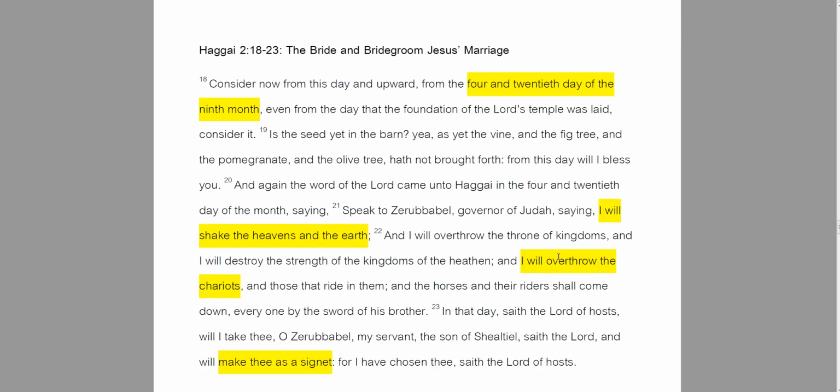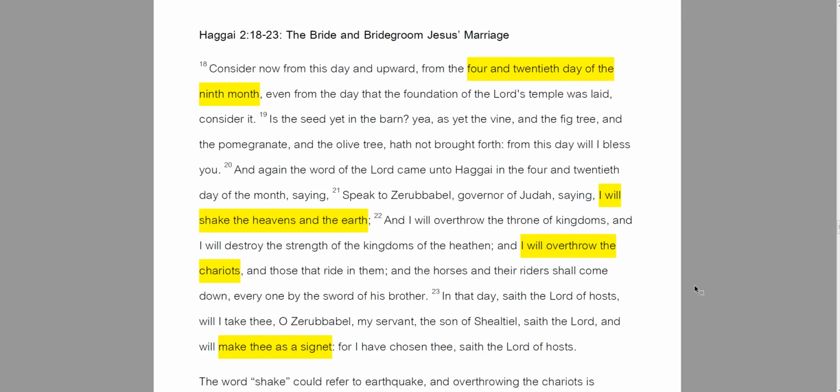So in the book of Haggai, chapter 2, verse 18 to 23, it says that I will shake the heavens and the earth, and I will overthrow the chariots, and then it mentions the 24th day of the 9th month, about Hanukkah.